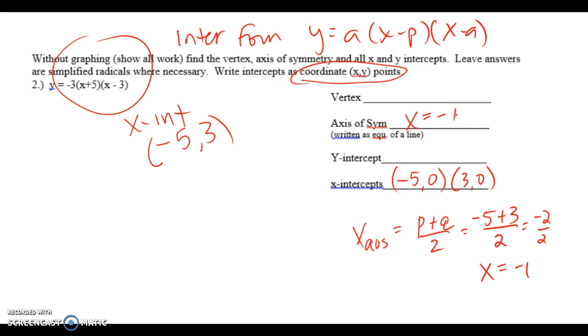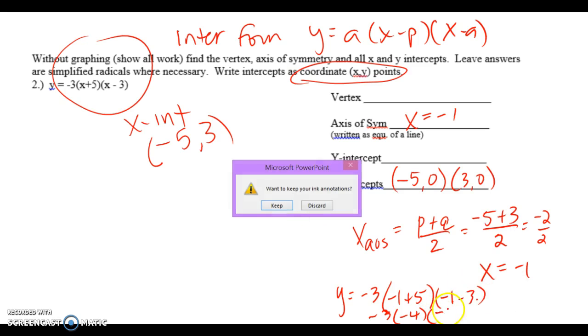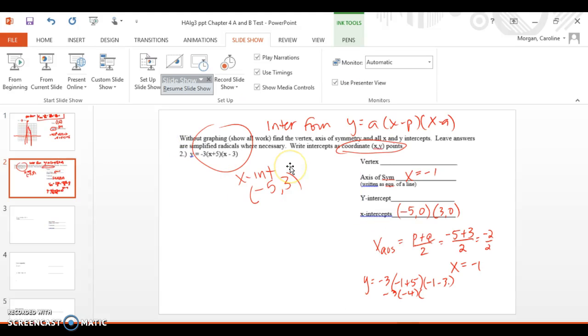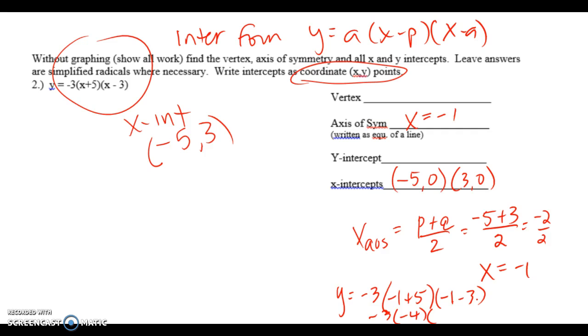Let's plug it in to figure out what our vertex is. Y equals negative 3 times (negative 1 plus 5) times (negative 1 minus 3). Negative 1 plus 5 is 4, and negative 1 minus 3 is negative 4.